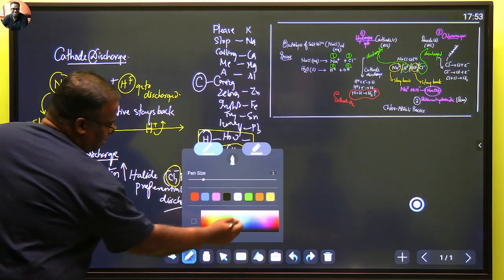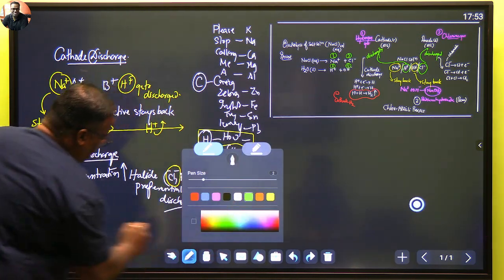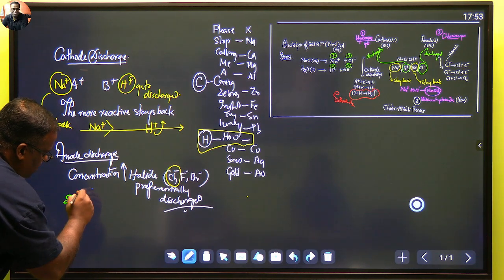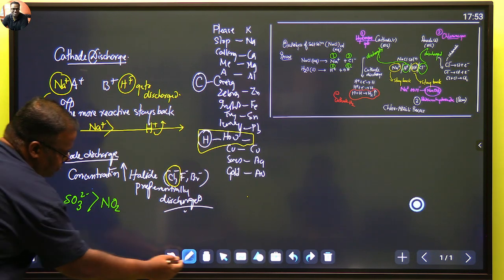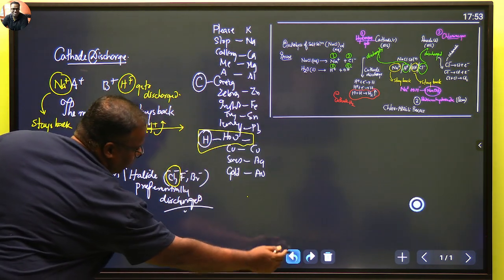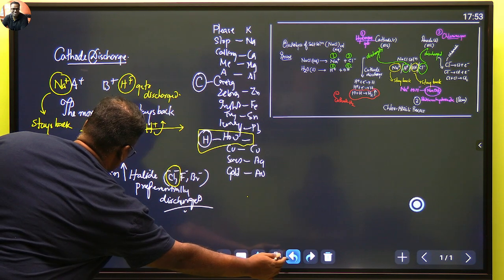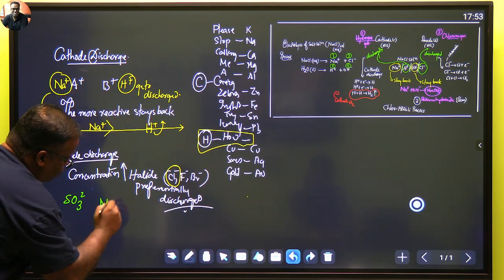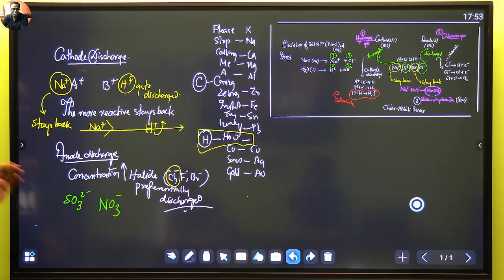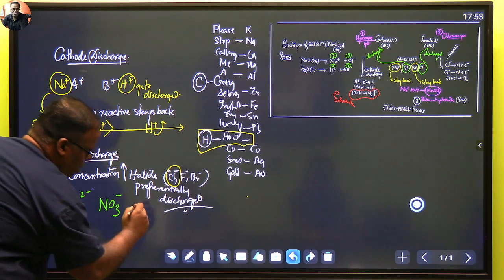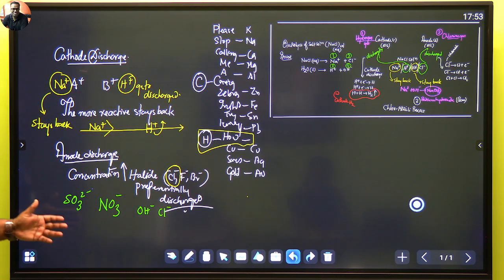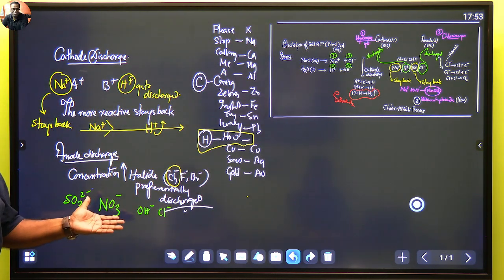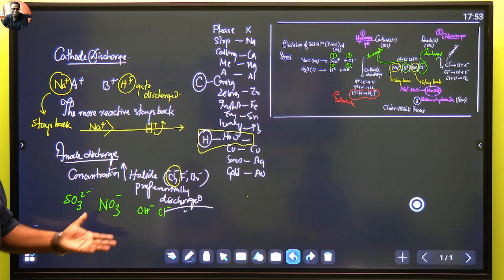If you have an anion like SO3 2 minus, or you have NO3 minus, in both these cases, the OH minus or the Cl minus will actually precede them in discharge. SO3 and NO3 do not get preference in discharge.